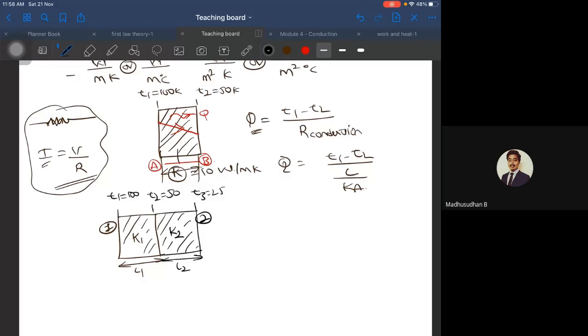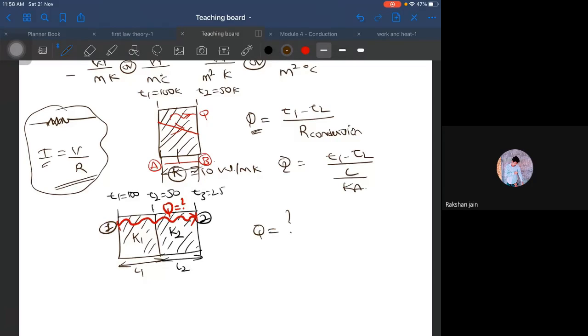Now I want the heat that is getting transferred from this point until this point. What is the amount of heat that is getting transferred from this point to this point? How do I do it?